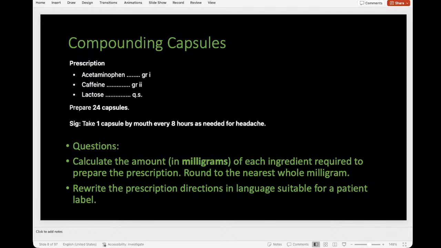Then you're going to need to rewrite the prescription directions in suitable language for a patient label. So you don't write things like 1 QD on a prescription label, or 1 BID, or 1 Q8H. You have to write the directions out so that the patient can understand how to use that particular medication or compounded medication.